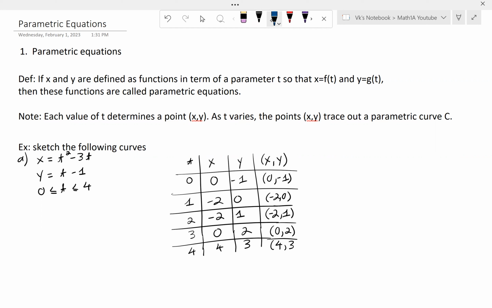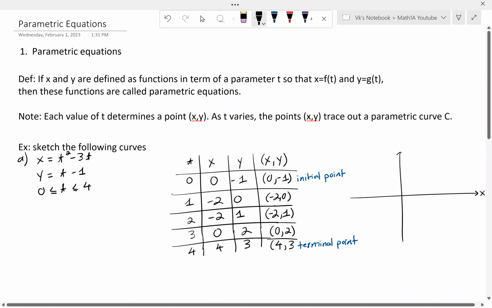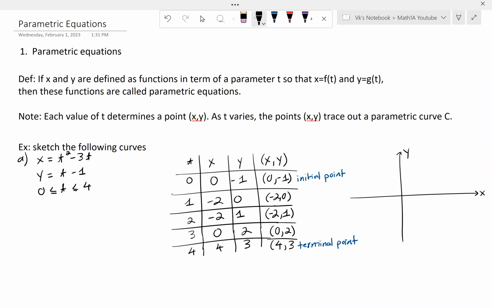The first point is called the initial point or the starting point, and the last point is called the terminal point. Let's do a sketch here. When t equals 0, we have the point x equals 0, y equals negative 1.